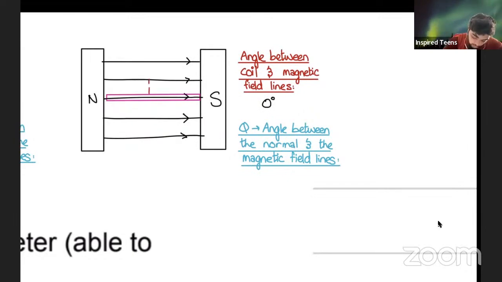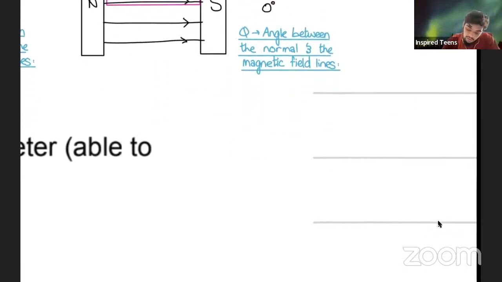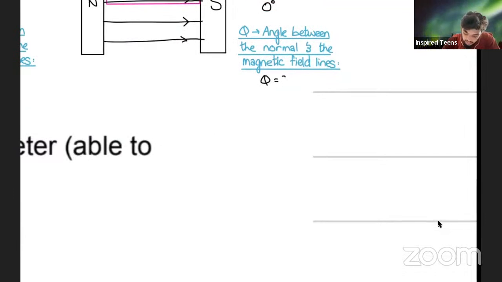But if we consider our normal, the normal line is perpendicular to the surface, that's the definition of normal line, but it's also perpendicular to the magnetic field lines. So therefore, in this case, theta is equal to 90 and it is perpendicular.